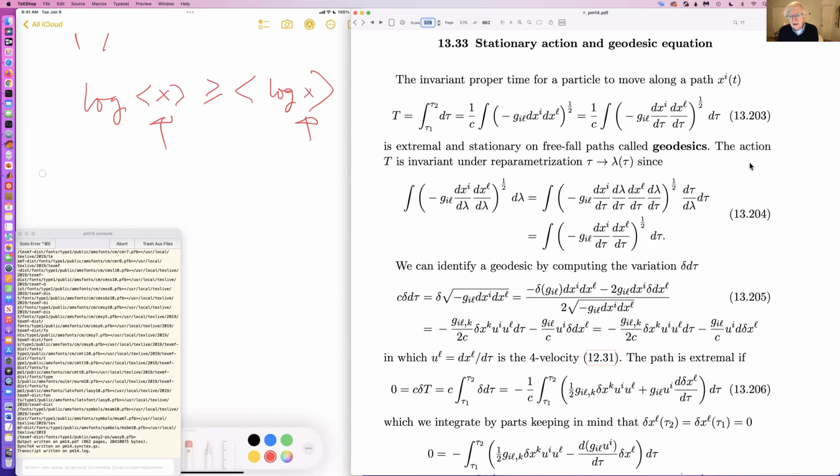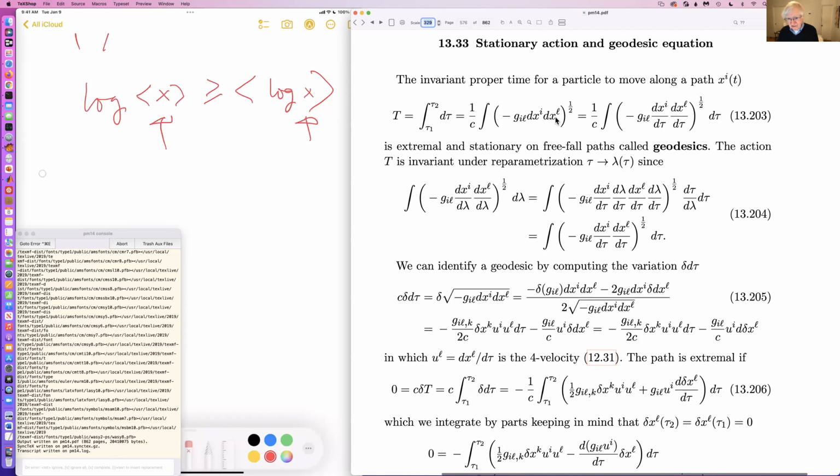The first equation, though, of course, this part is in the book, is the invariant proper time for a particle to move along a path, given by an integral of d tau, and tau is minus the metric dotted into the differentials, and then you take the square root.